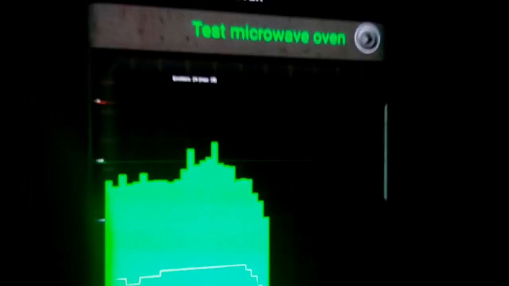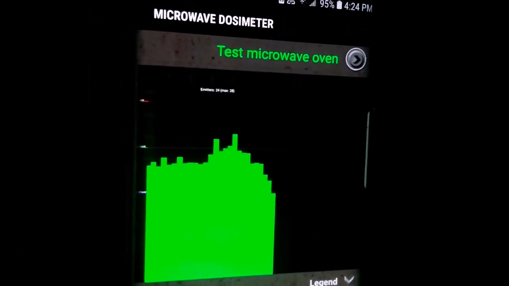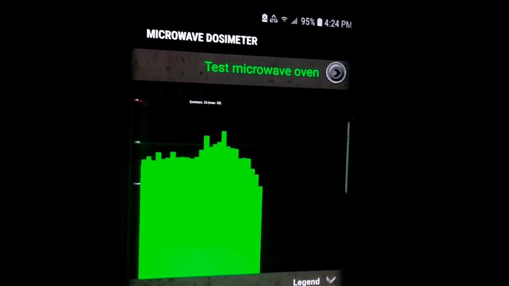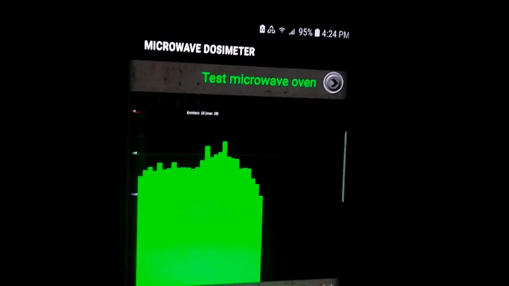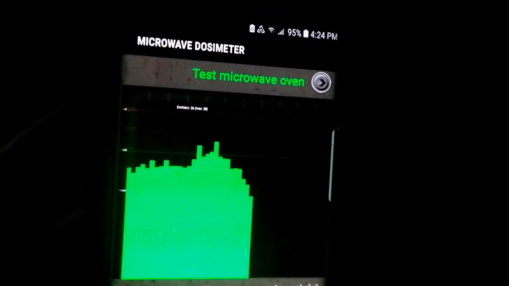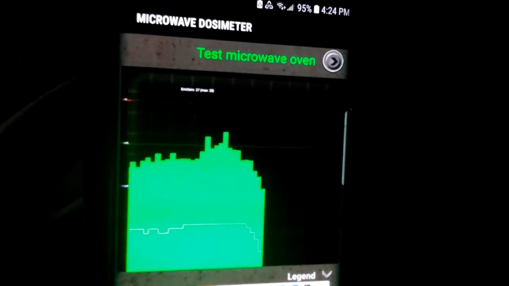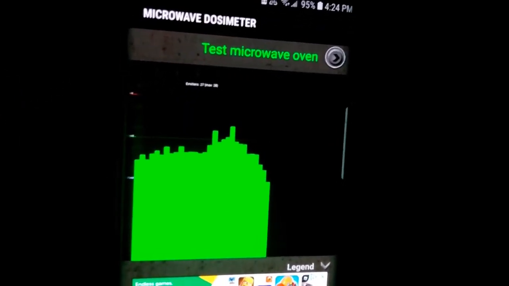I don't know if you notice that I have this app on my home screen on my phone, so that I use it all the time. I measure it everywhere. You'd be surprised what you'll find. I discovered in the gym it was spiking in the red, so their Wi-Fi is obviously affecting people without them knowing it.